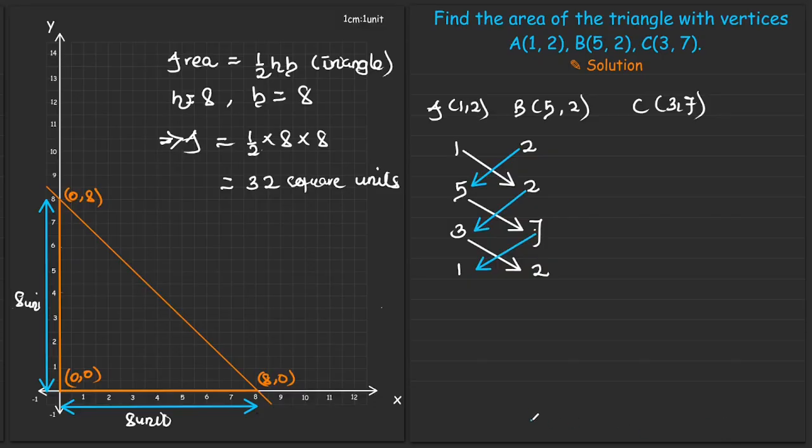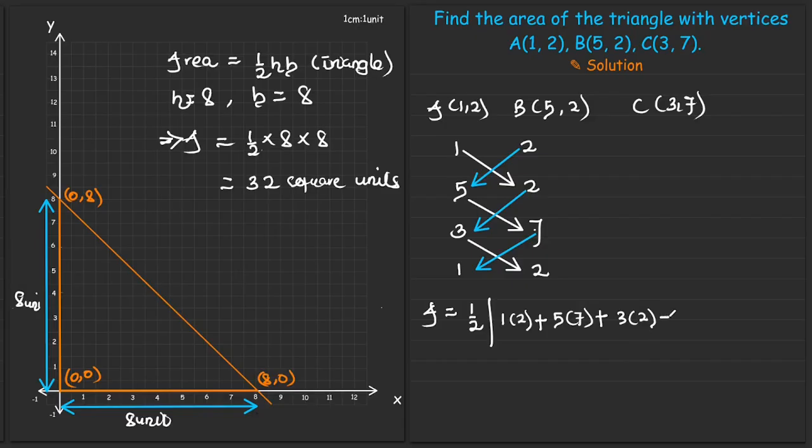So using that logic, the area of the triangle in question is going to be 1 over 2, then we have 1 times 2, plus 5 times 7, then plus 3 times 2.